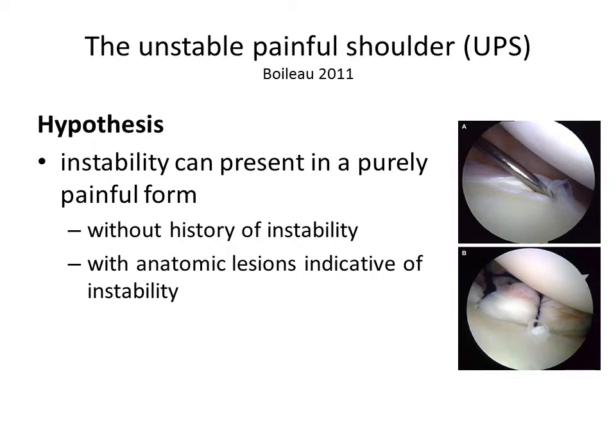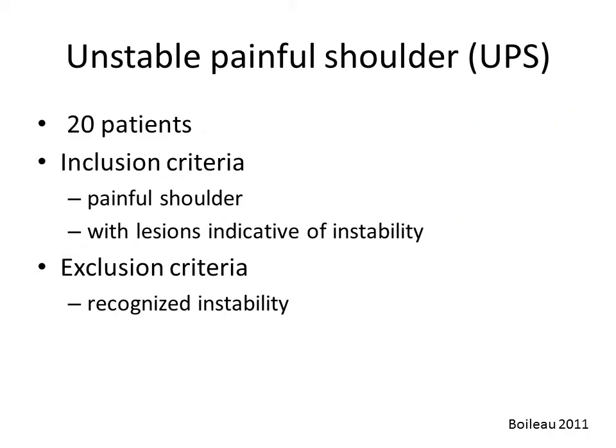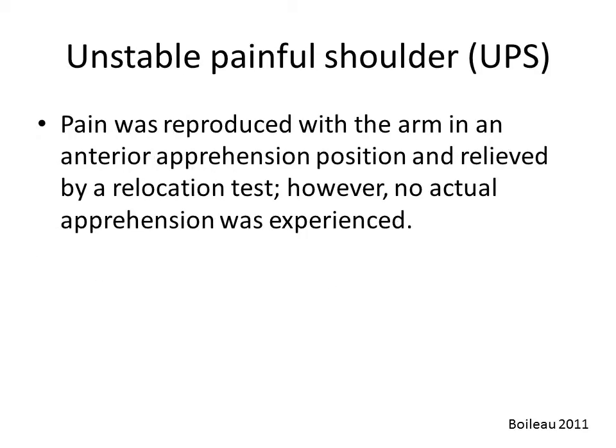Capsulolabral lesions. They presented 20 patients where the inclusion criterion was a painful shoulder with lesions indicative of instability. However, their exclusion criterion was recognized instability. Pain was reproduced with the arm in an anterior apprehension position and relieved by the relocation test.